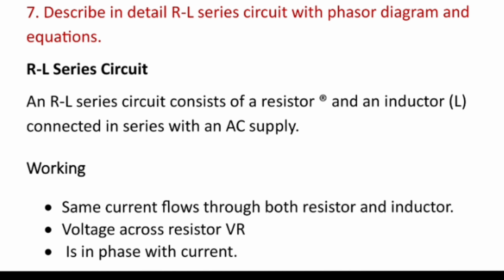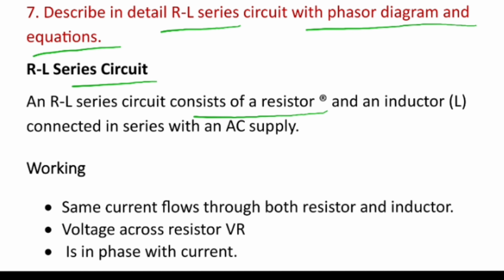Next is: describe the RL series circuit with phasor diagram and equations. Before that, what do we mean by an RL circuit? An RL circuit consists of a resistor R and inductor L connected in series with an AC supply.